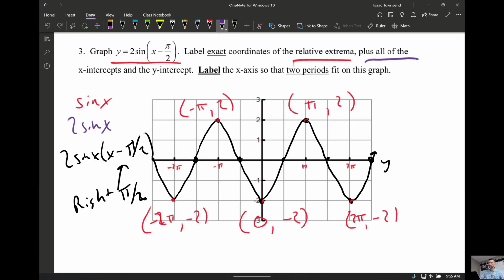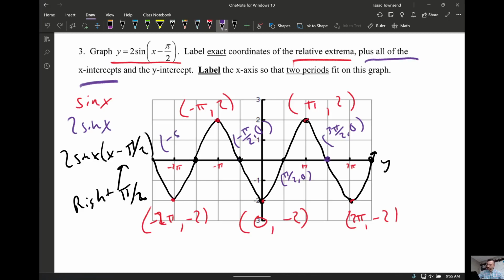Wants me to label all the x-intercepts. So in between pi and 2 pi would be 3 pi over 2. In between 0 and pi would be pi over 2. So this would be negative pi over 2.